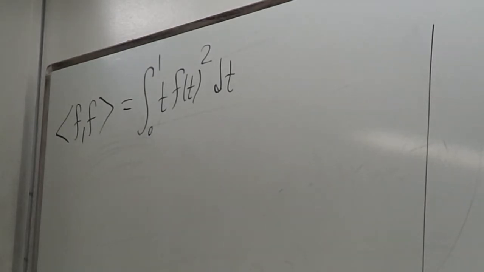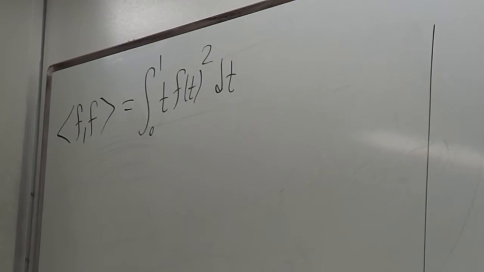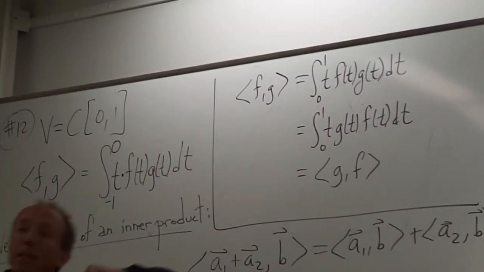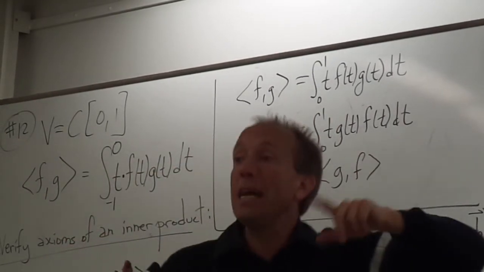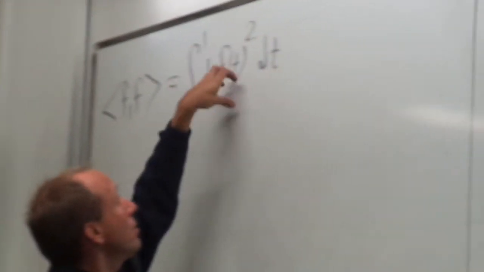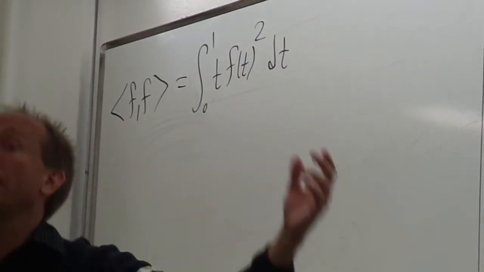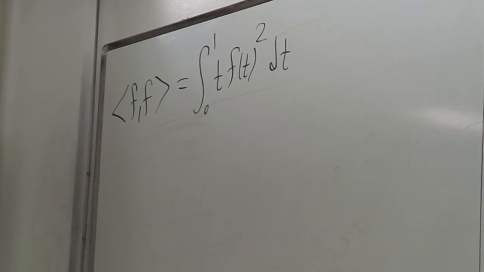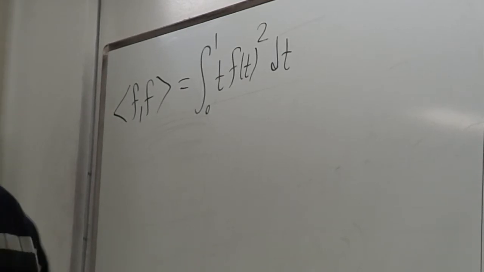Would this have worked? No. Oh, yes. If my interval is -1 to 0, t is now negative on that interval. And then you'd be multiplying it by a positive squared, you'd be integrating a negative function. It'd be negative of a negative.